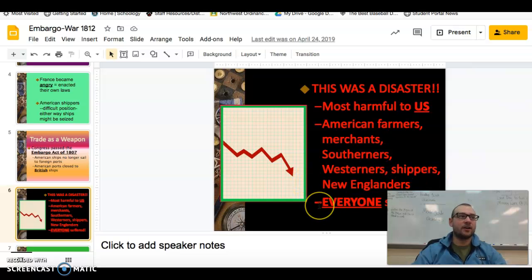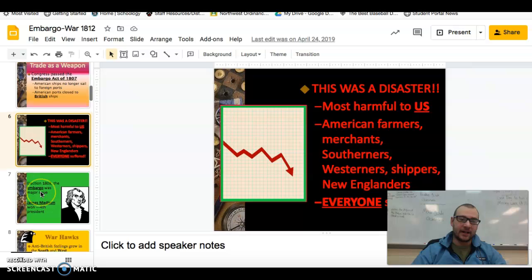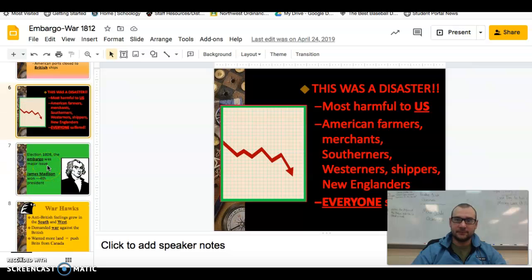Basically, everybody in our country that could be affected is affected, because we're not able to really sell anything abroad. The farmers who have surplus can't pack it up and send it overseas and sell it. Merchants can't sell anything because they're not allowed to. It just ends up hurting our economy disastrously, to put it bluntly.